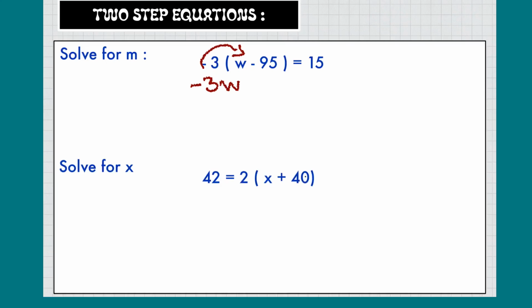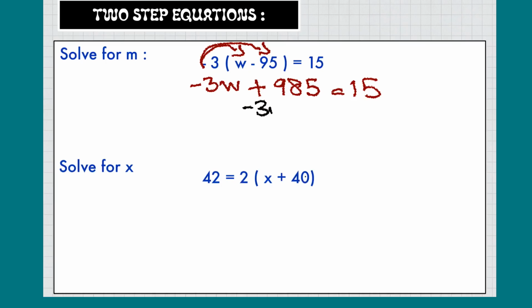What we do now is get the 3w term on one side, and anything and everything on the other side next to the unknown variable term, we take to the other side.